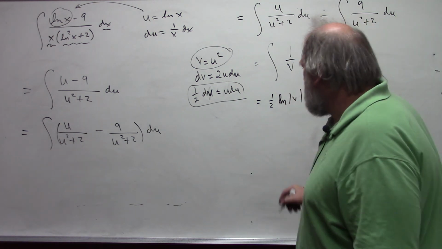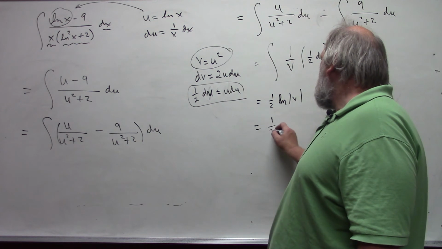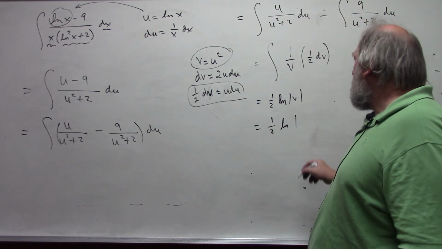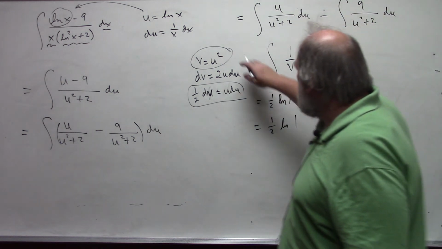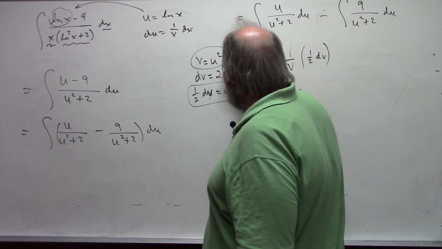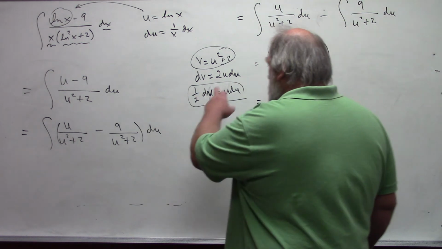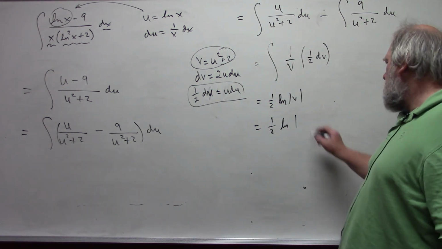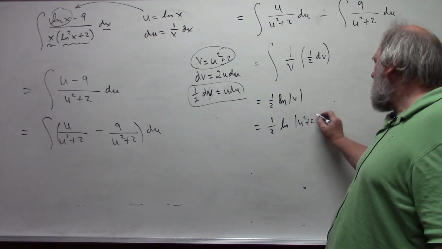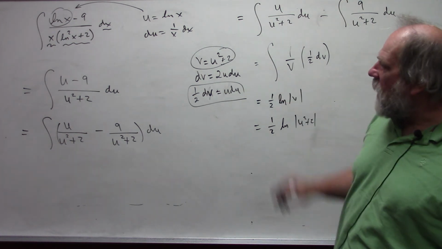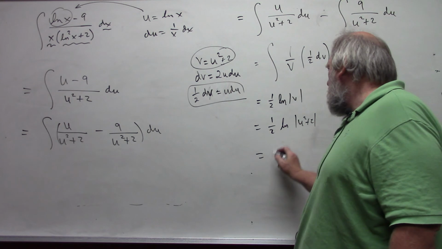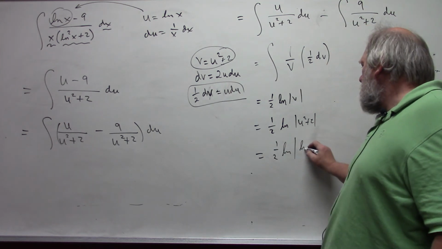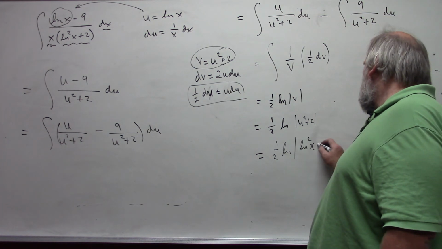I then replace 1/2 natural log absolute value of, my v is not u squared, it's u squared plus 2, and it doesn't change my dv. 1/2 natural log of u squared plus 2, and then going back all the way, this becomes 1/2 natural log absolute value of natural log squared of x plus 2.